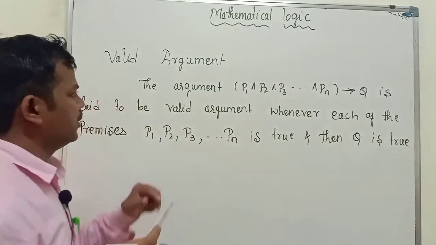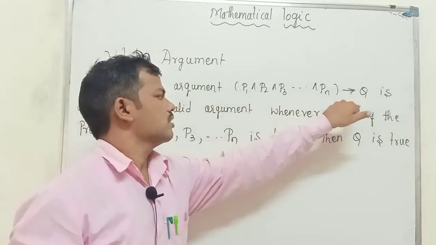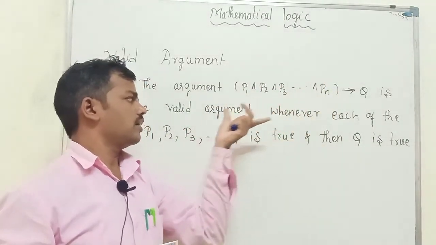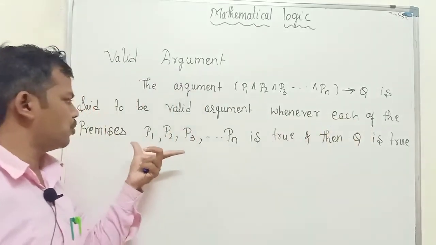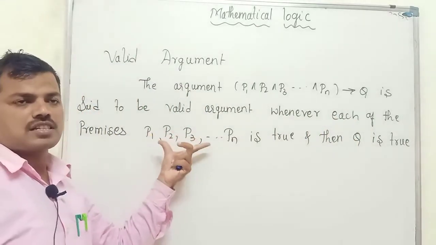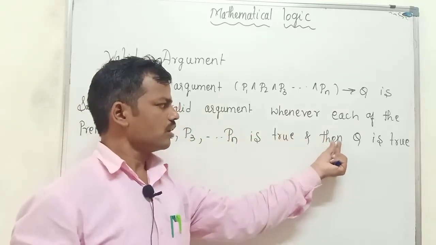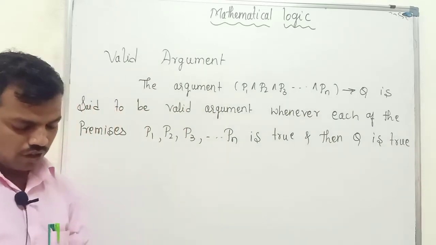So an argument is said to be a valid argument whenever each of these components or premises is true, then Q is true. That is called a valid argument.